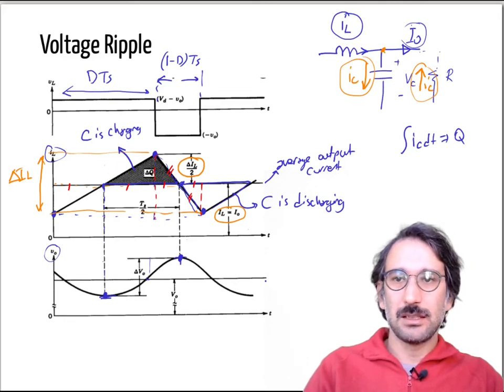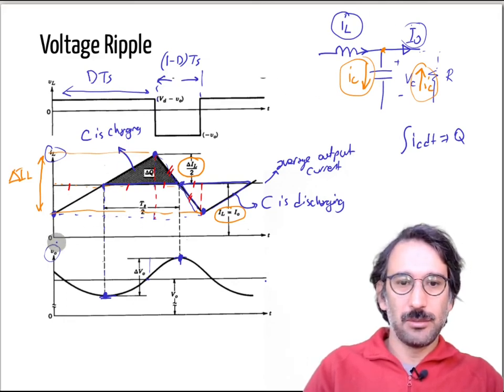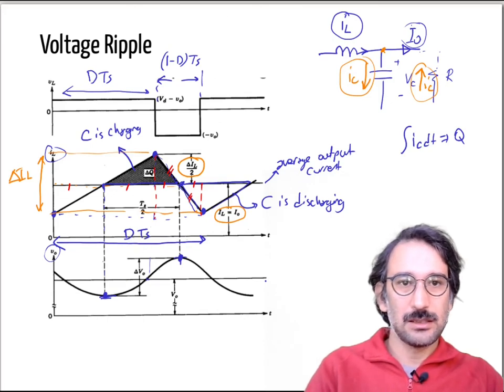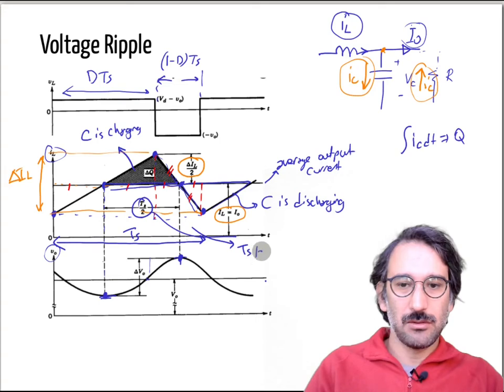So if from here to here this is dTs, oh sorry, not dTs, it will be just Ts. If this is Ts, then from that instant to that instant this is Ts over 2.